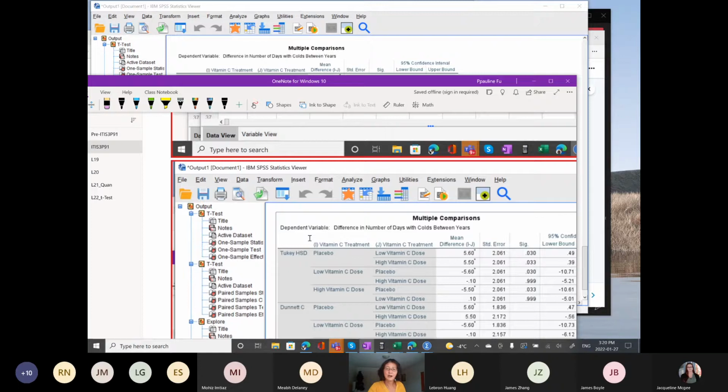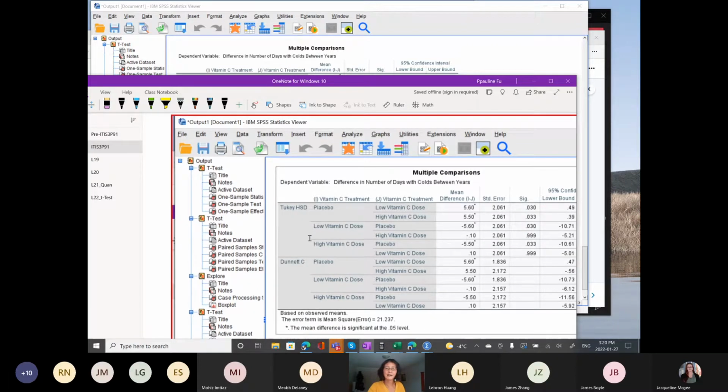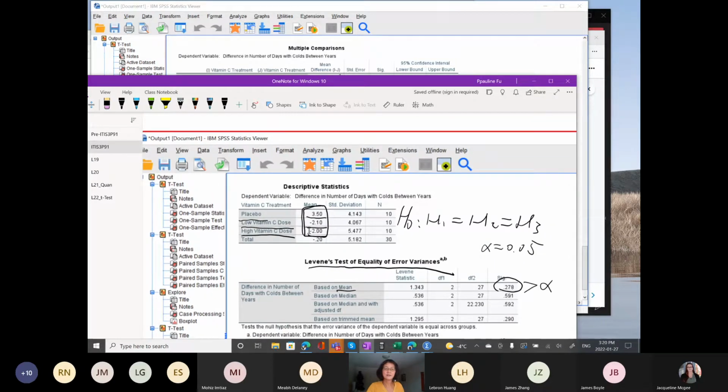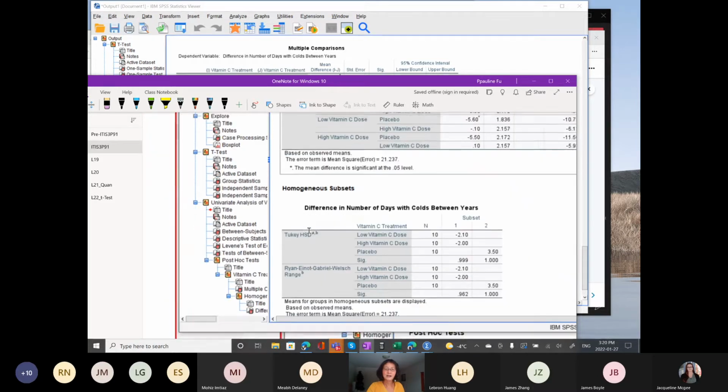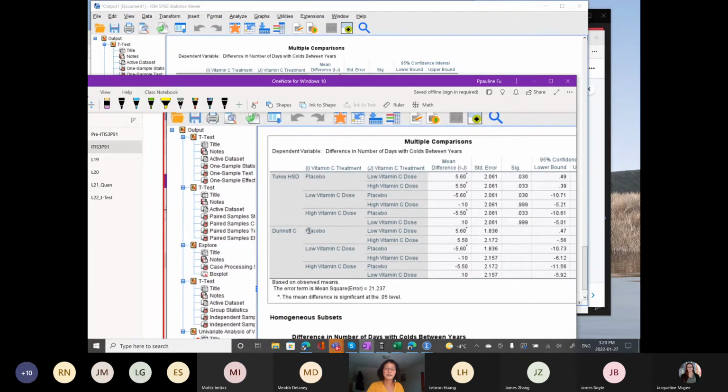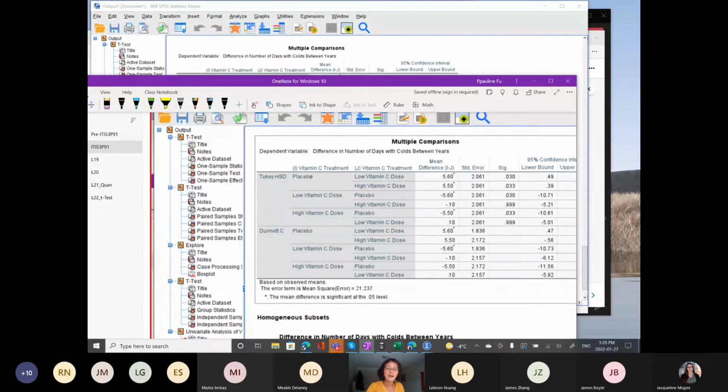So if you reject H0 in favor of H1, which says at least one is different from the others, then you are going to do post hoc tests to make pairwise comparisons. You compare every two pairs. For example, you compare the placebo group with the low vitamin group and compare the placebo group with the high vitamin group, and you get those statistics, etc.